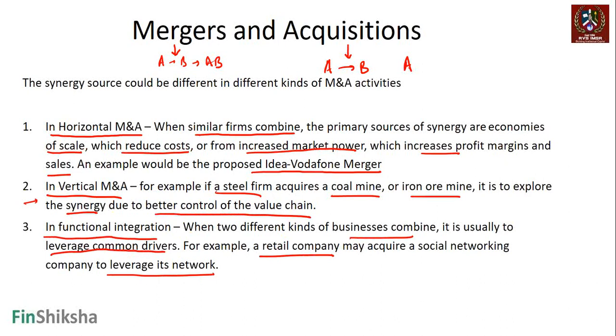Tomorrow, someone like a Flipkart or an Amazon might want to get their hands on something like this, so that using the technology or the network, they could increase what they are already doing. So that's a sort of functional integration. It is not similar companies, but companies which might be catering to a similar kind of customers.